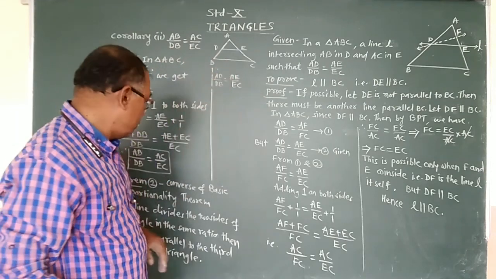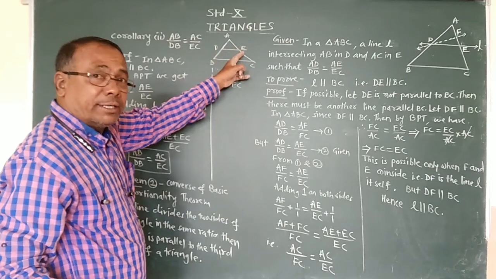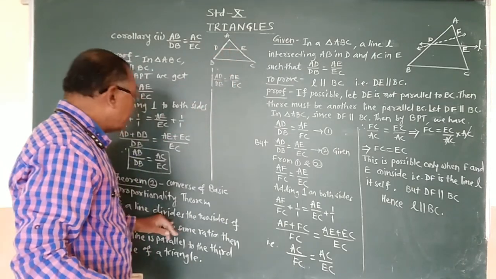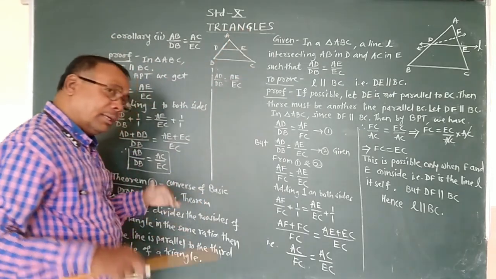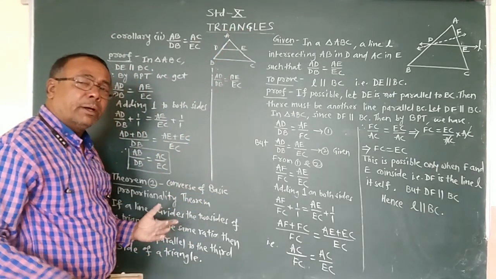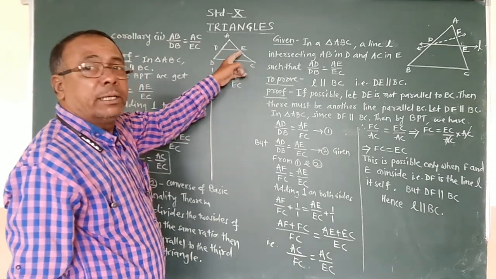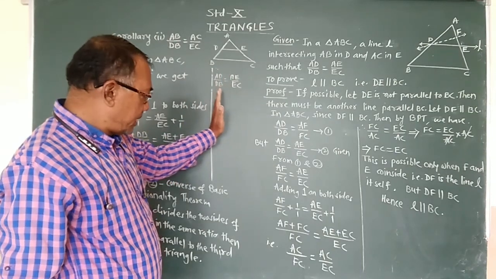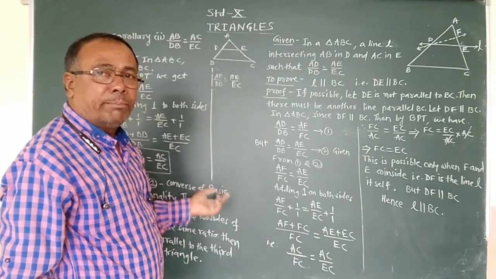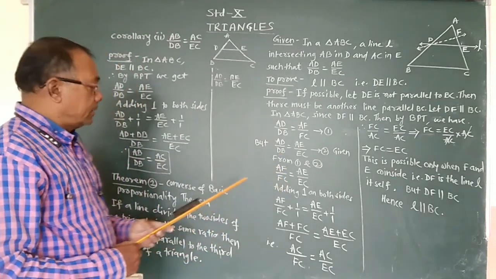Means if DE divides the two sides AB and AC in the same ratio, then this line must be parallel to the third side, and this theorem is known as the converse of BPT or converse of the basic proportionality theorem.